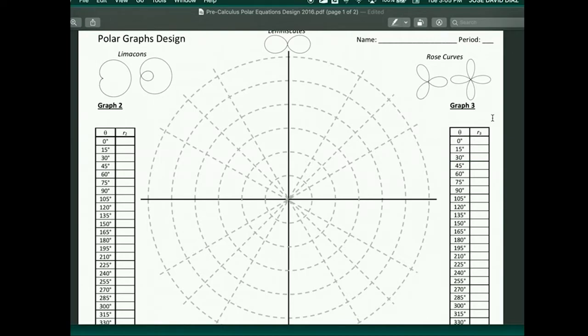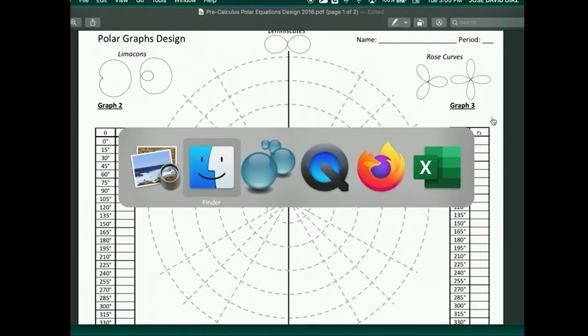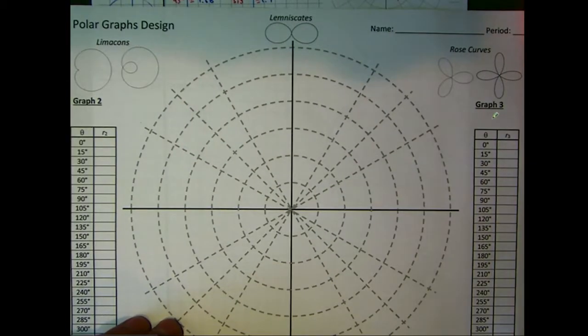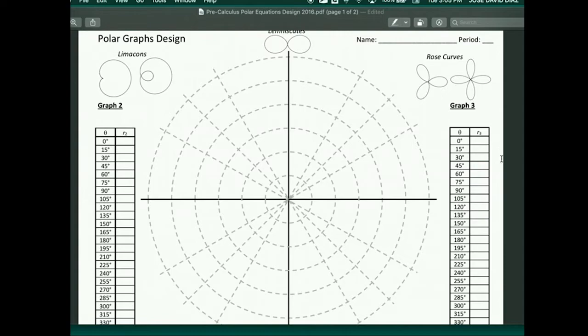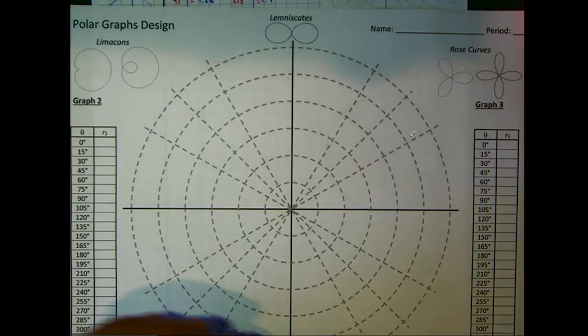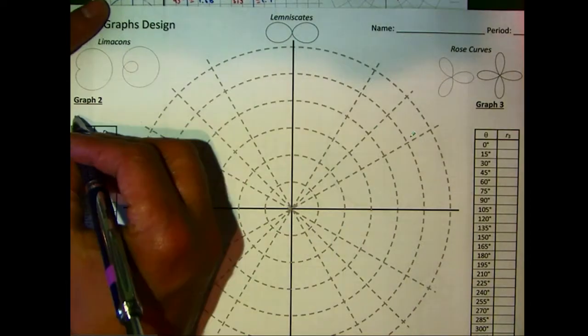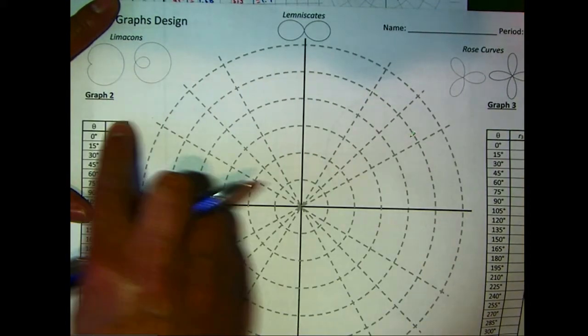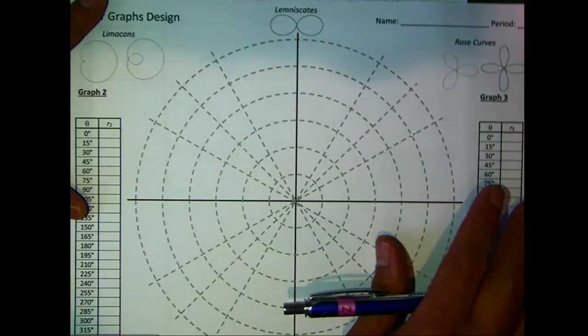So for example, for myself, Mr. David Diaz, I'll be using this one here for my last name, and this one here for my first name. And I'll be writing them down here and here. And you'll have to do all the work just like we did right now.